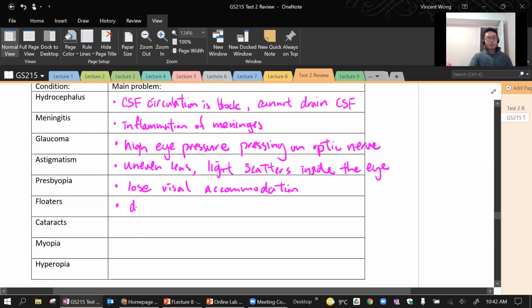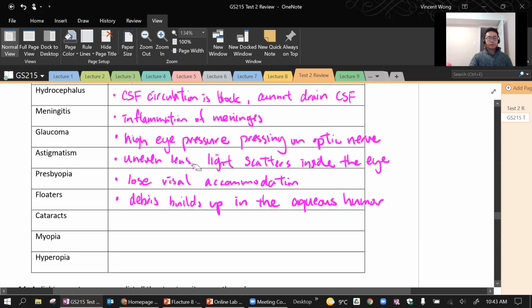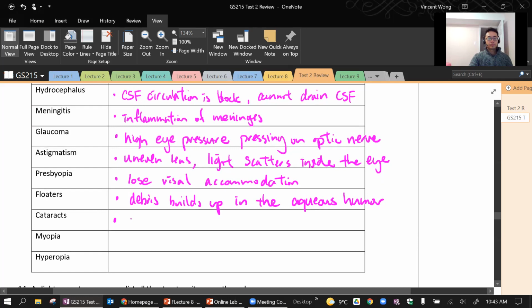Floaters, so you have debris that builds up in the aqueous humor. Cataracts is clouding of the lens, right?